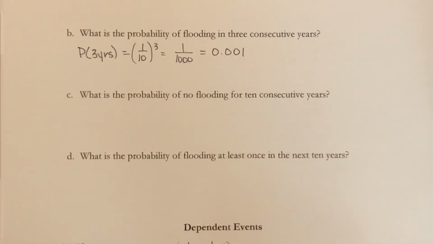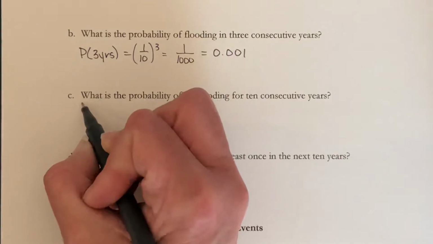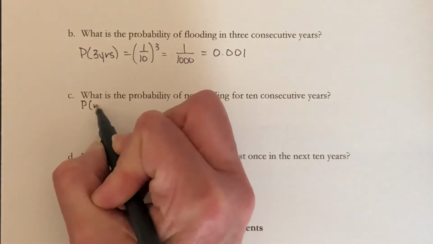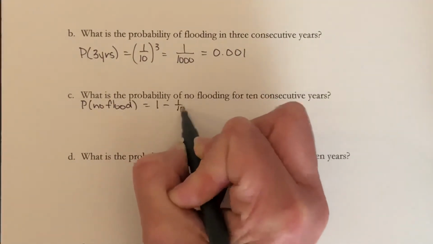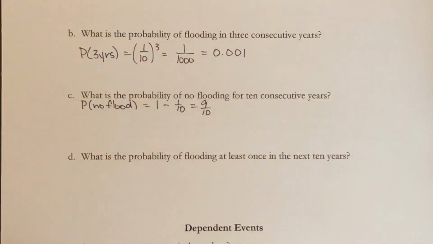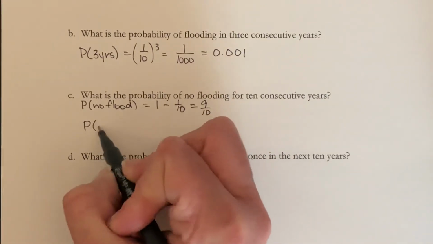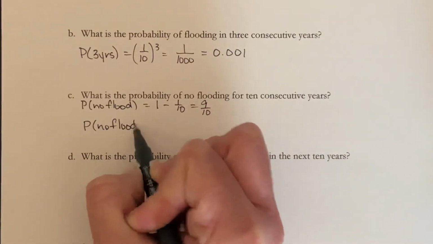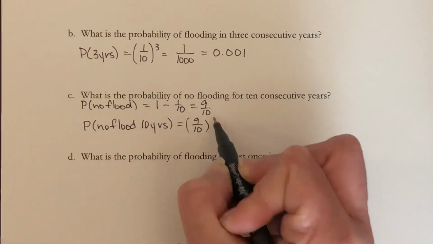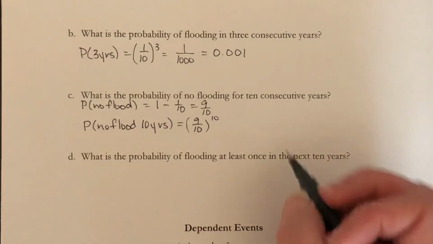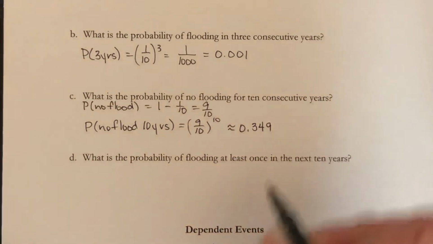Okay. What is the probability of no flooding for 10 consecutive years? The probability of no flooding in any one year would be 1 minus 1/10, so that would be 9/10. So the probability of no flood for 10 years would be 9/10 to the 10th power, and that is approximately 0.349.